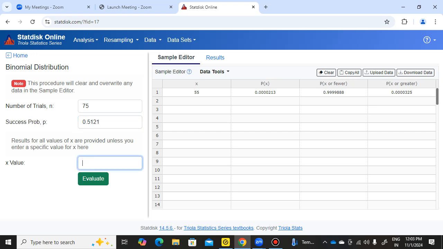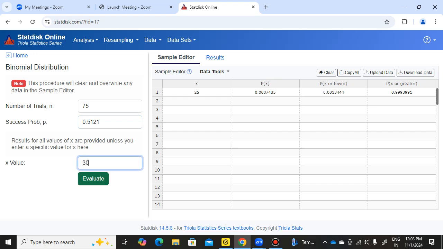We'll start with 25, and we get 0.007435. So it's actually dropped. So 25 boys is a lower probability at this point.